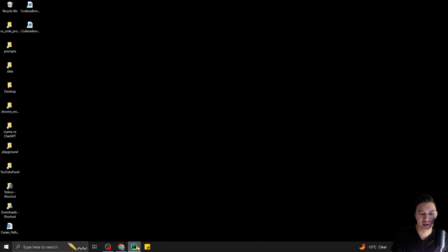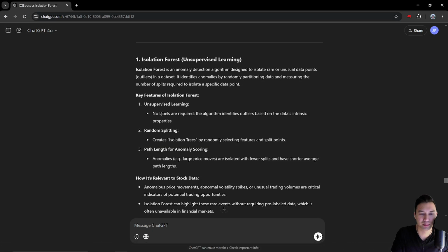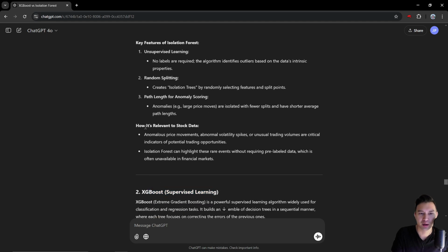But let's go over what the isolation forest is supposed to do. How is this relevant? Anomalous price movements, abnormal volatility spikes, or unusual trading volumes are critical indicators of potential trading opportunities. Isolation forest can highlight these rare events without requiring pre-labeled data, which is often unavailable in financial markets, right?